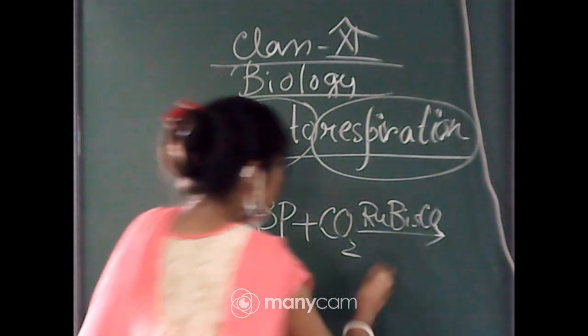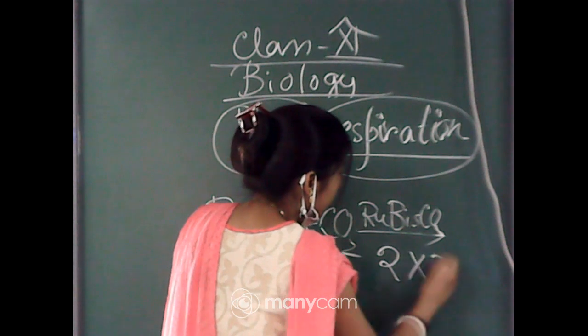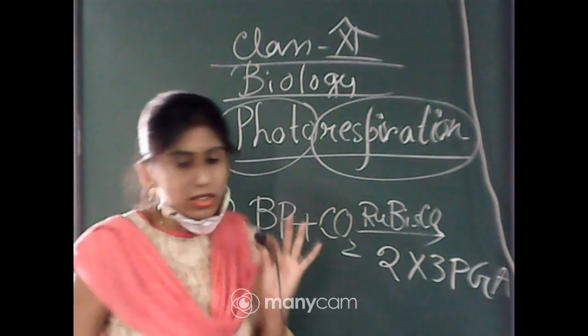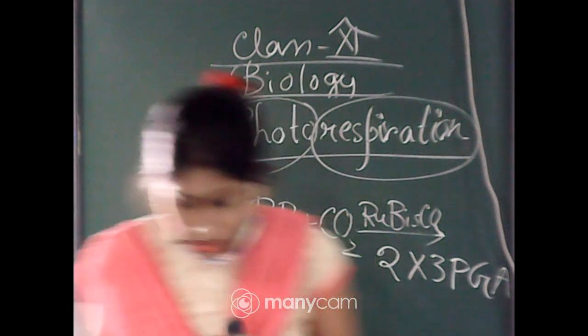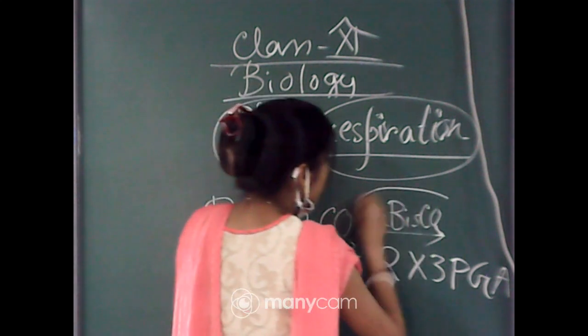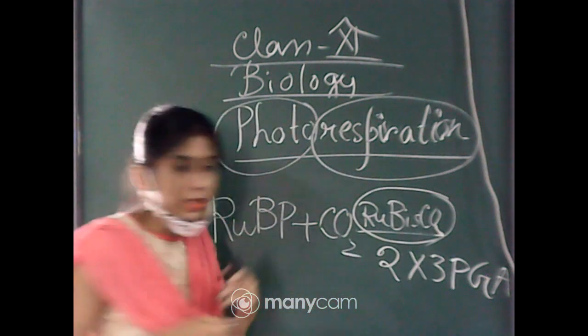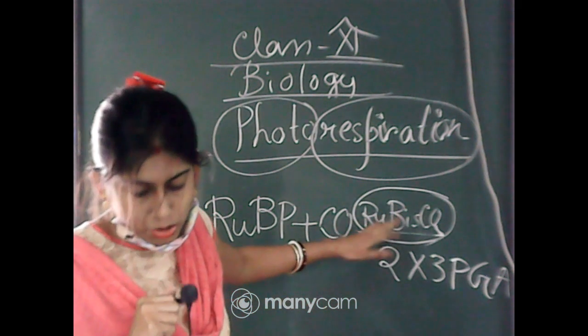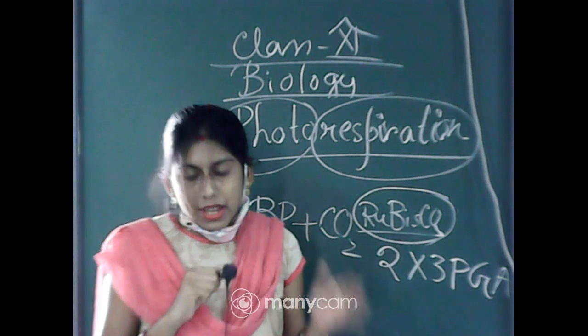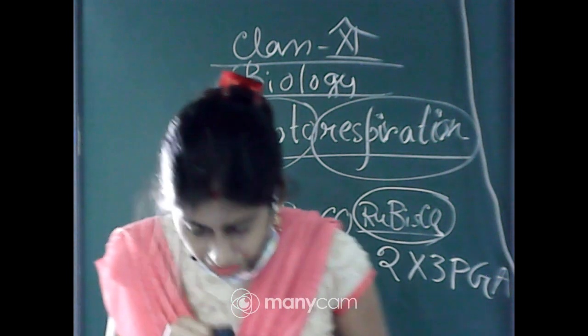So what will be formed? 2 molecules of 3-PGA. Now that one we know. Another thing I have mentioned is which is the most abundant enzyme in the plants, that is Rubisco. Rubisco is the most abundant enzyme in the world.